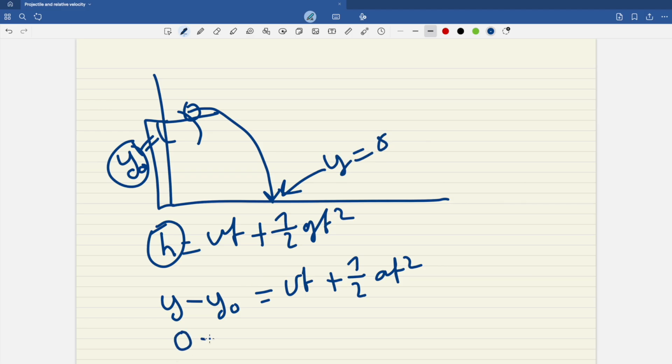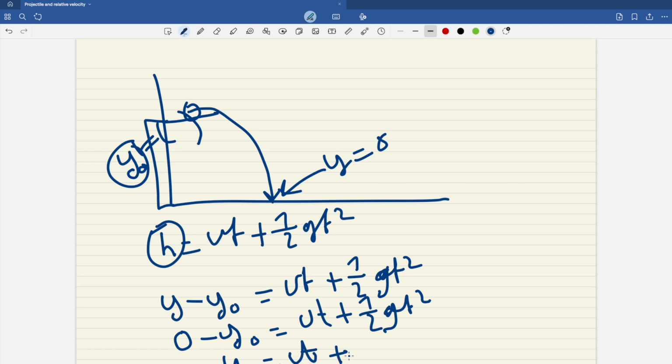So 0 minus y naught equals ut plus half gt square. So minus y naught equals ut plus half gt square. This concept will help us solve a lot of problems.